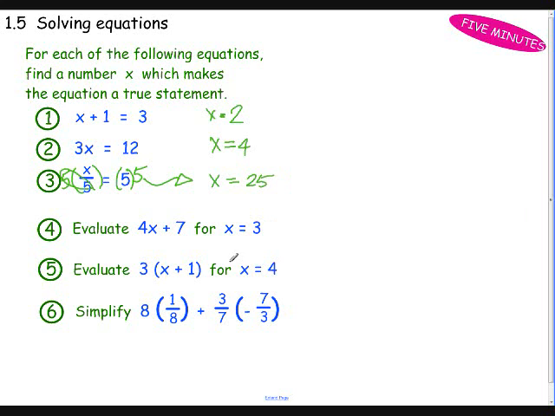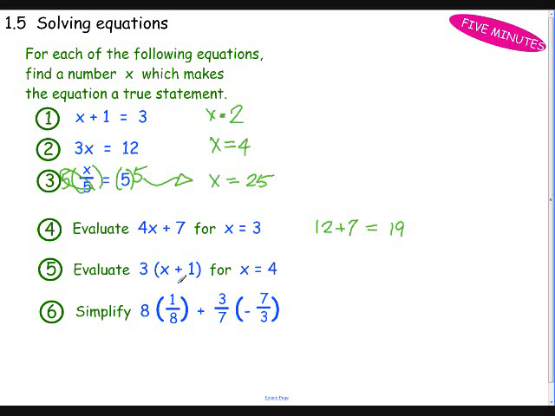25. Let's evaluate this expression. Notice we don't have an equation here. This expression for x when x is 3, that would give us 12 plus 7. So the value of this expression when x equals 3 is 19.